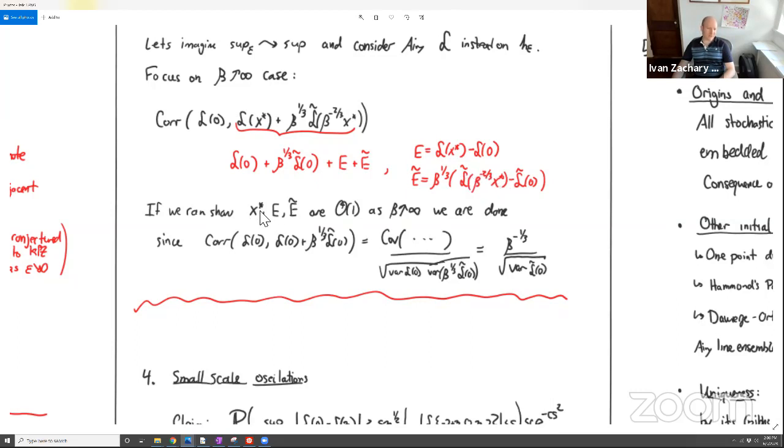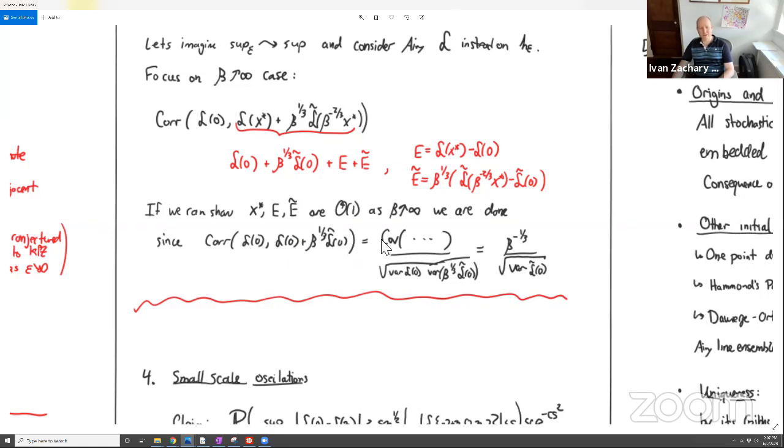And so what I basically argue is that x star, E and E tilde all remain order 1 as epsilon goes to 0 and beta goes to infinity. And if I do that, then I will get the correlation behavior, because I can basically forget about the errors. And if I forget about the errors, then I'm looking at the correlation of L with itself and then something independent.